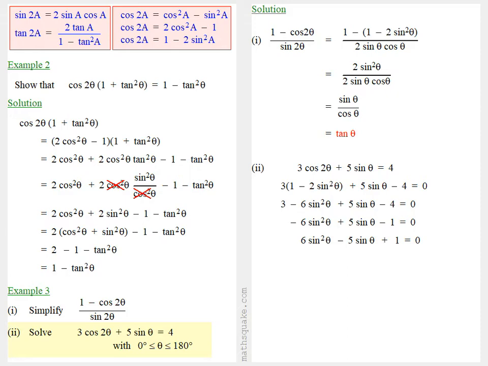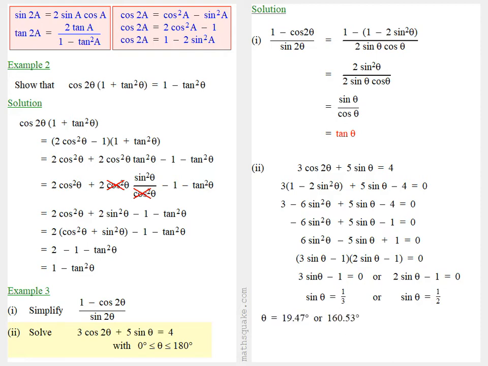Now that's a quadratic equation in sine theta, so we can factorise it as 3 sine theta minus 1 into 2 sine theta minus 1 equals 0. Now that means either 3 sine theta minus 1 is equal to 0 or 2 sine theta minus 1 equals 0, which means sine theta is a third or sine theta is a half.